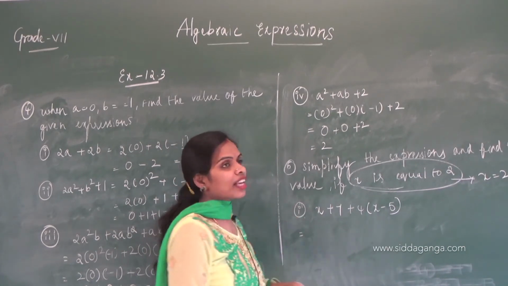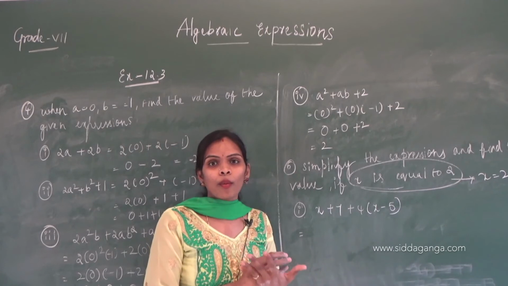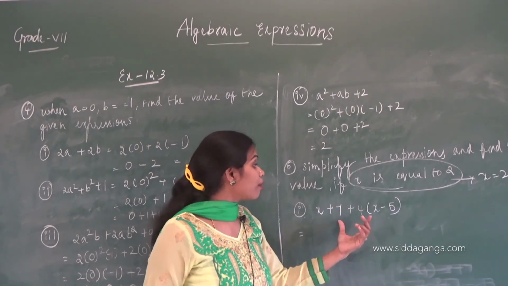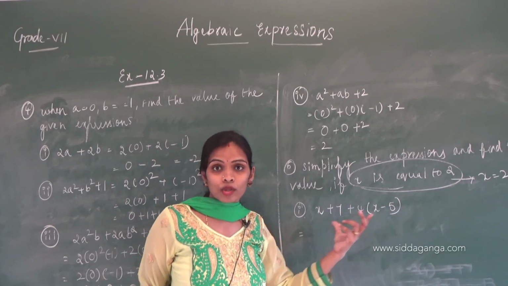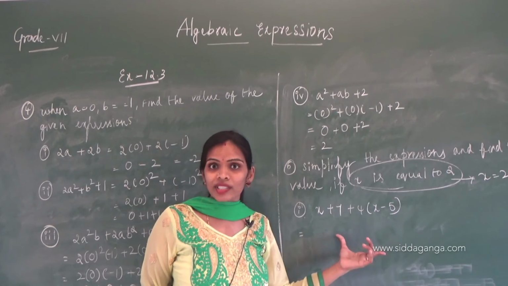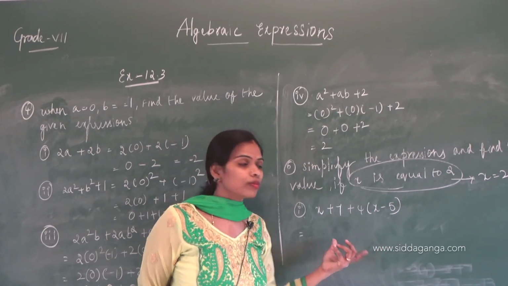First simplify the expression, otherwise just substitute, just to avoid the confusion. First I am simplifying the expression because there are two types of like terms there. One is the x term and one is the constant. That's why I am simplifying first and then I will substitute the value of x, that is 2.